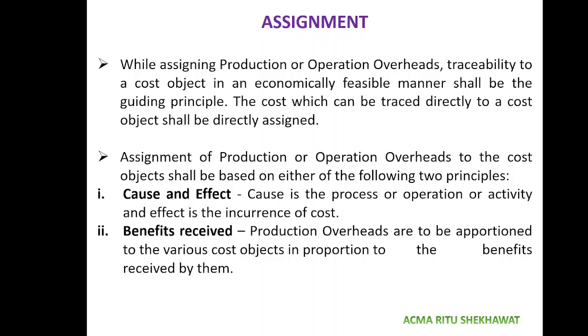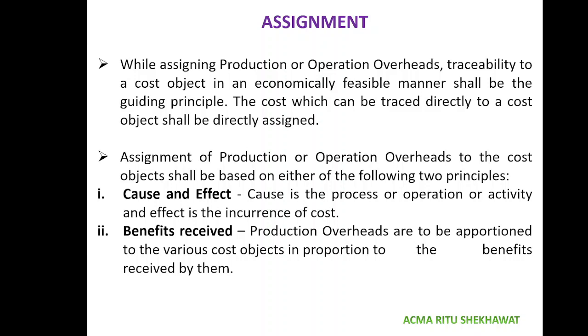Fine. Okay. Assignment of production or operation overhead to a cost object shall be based on either of two principles: cause and effect, and benefits received. Cause and effect is the process of operation or activity and its effect in the incurrence of cost. That is, what is the cause of a particular incurrence of expenditure?